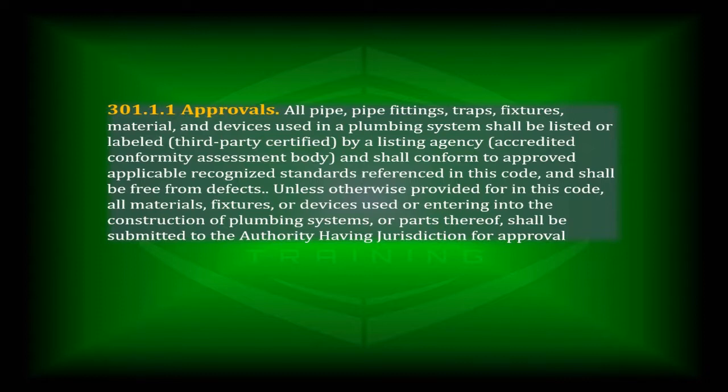Now, here's the highlighted portion starting. Unless otherwise provided for in this code, all materials, fixtures, or devices used or entering into the construction of plumbing systems or parts thereof shall be submitted to the authority having jurisdiction for approval.